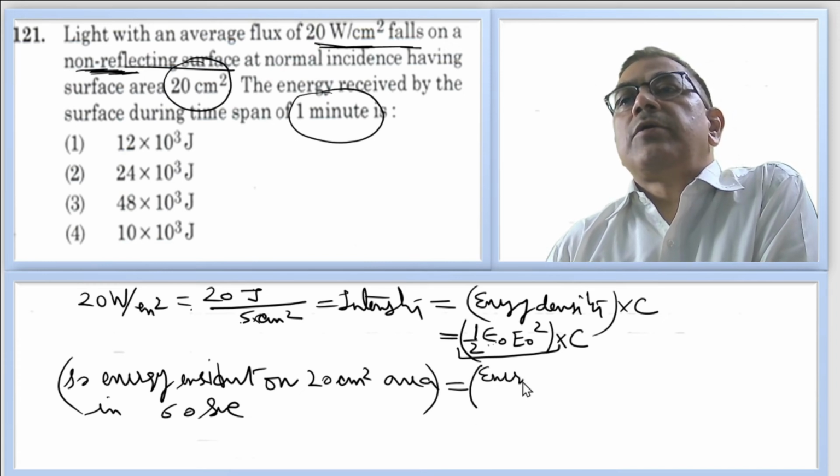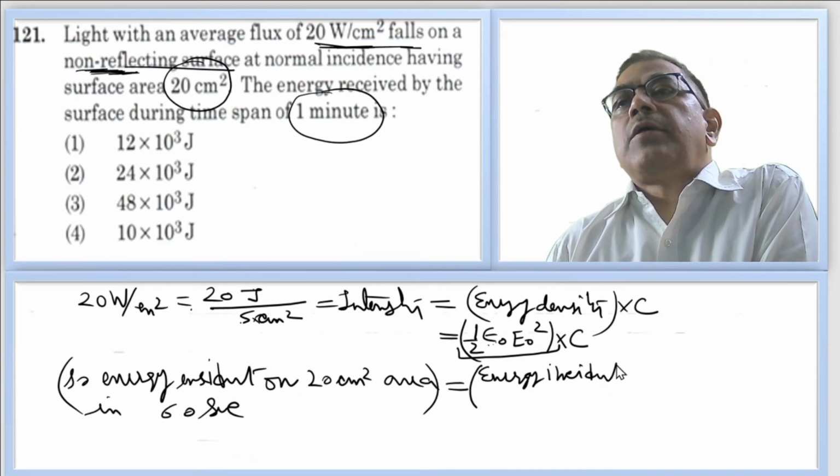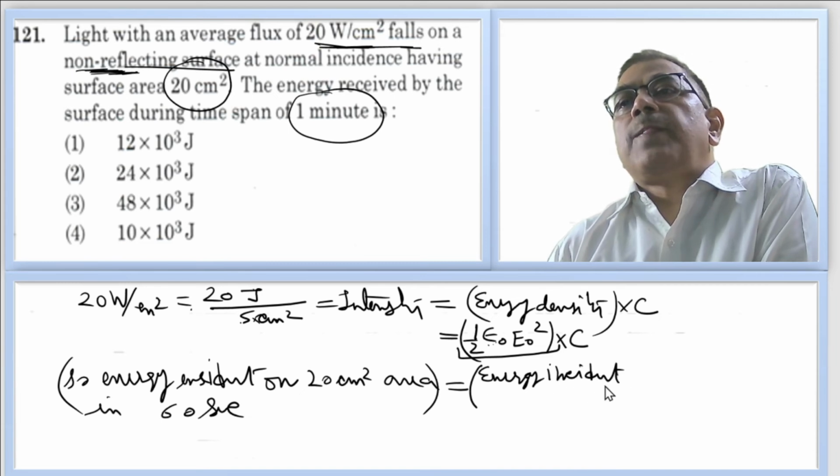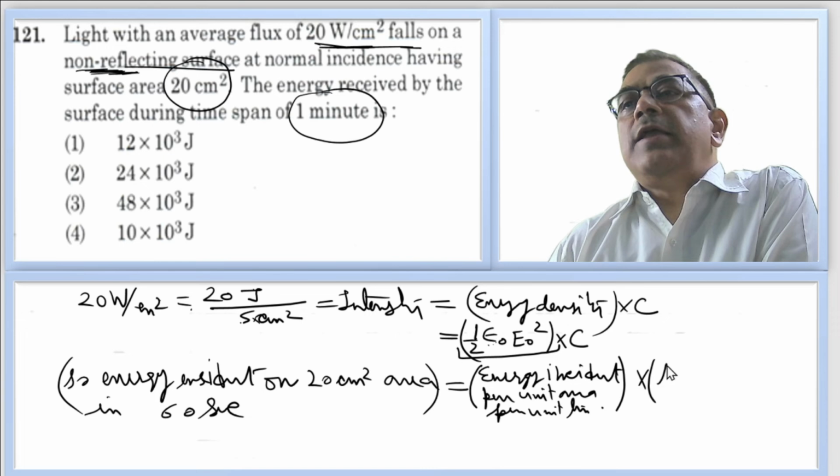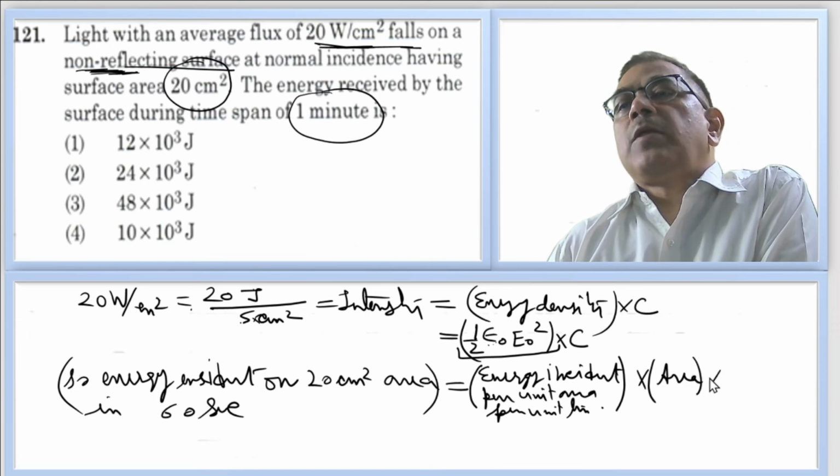Energy incident per unit area per unit time, multiplied by area, multiplied by time. Is that right?